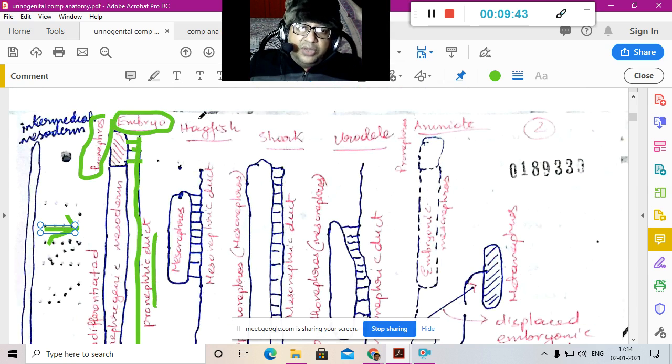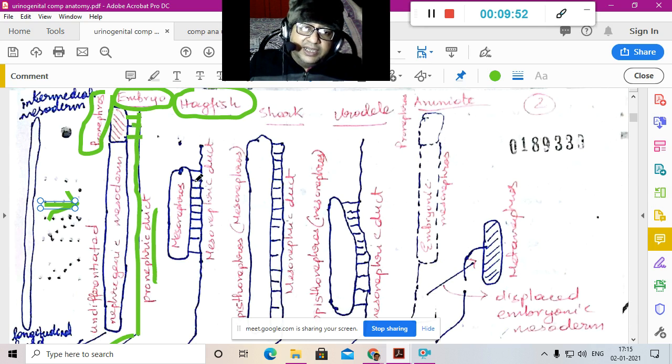This is in the embryo. In hagfishes, which are a bit primitive, the pronephros disappears and a mesonephros forms. You can also call this the next step in evolution.